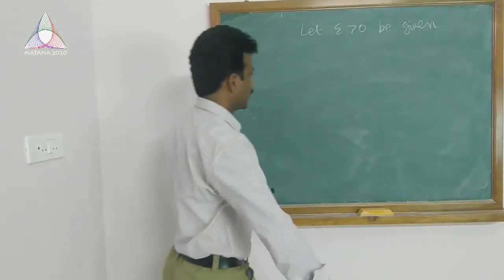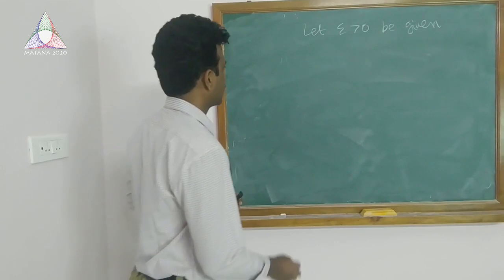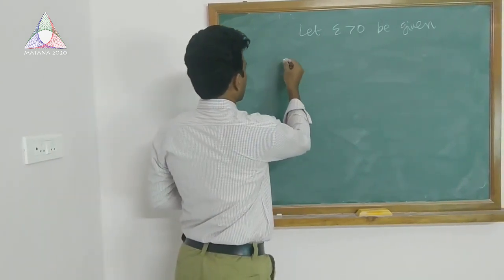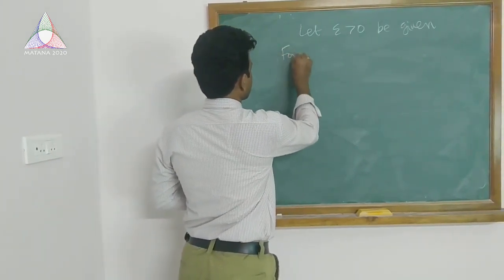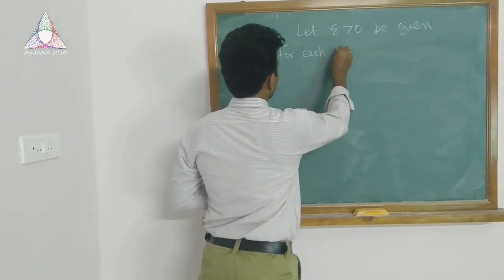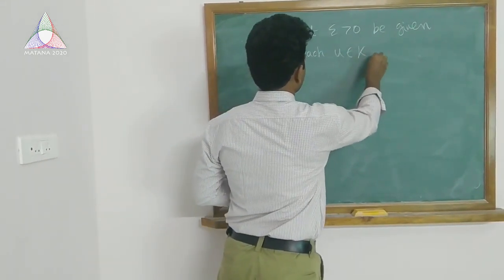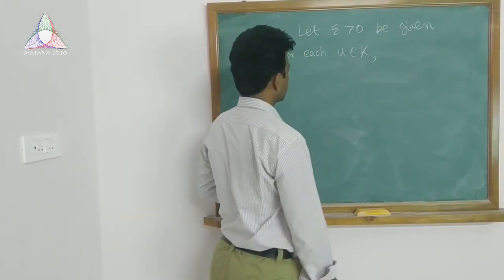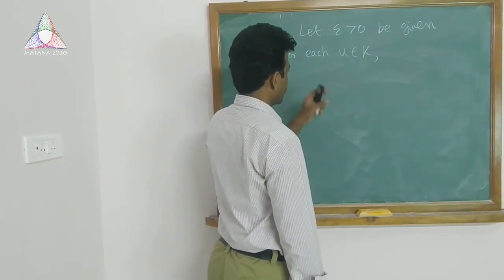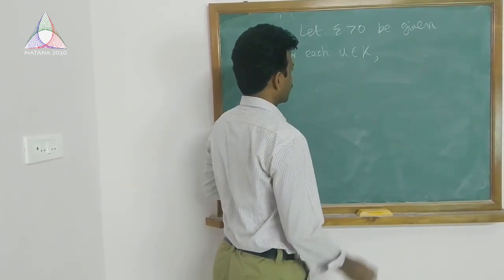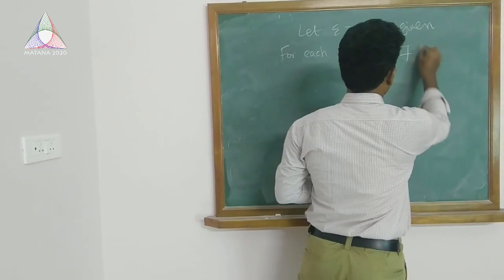So I need to find a cover for the compact set K. So for each u in K, because f is continuous on K, there exists delta.